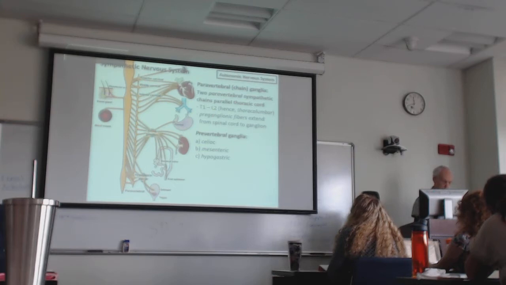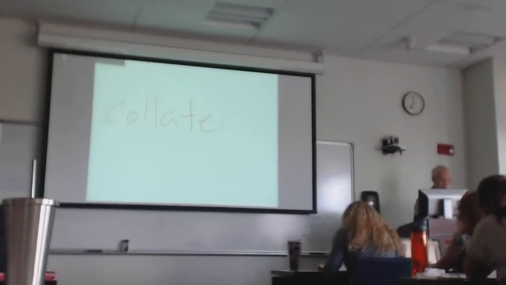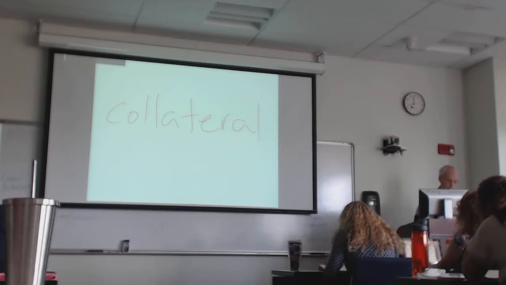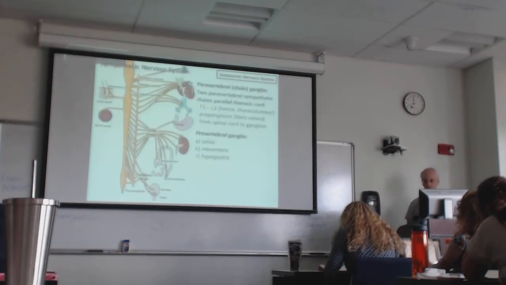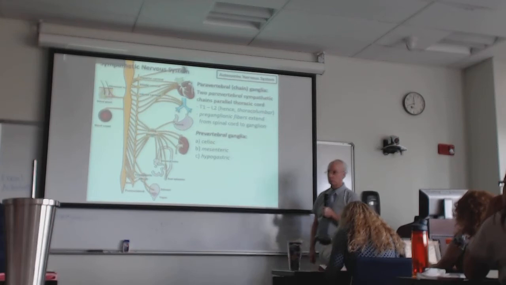The prevertebral ganglia are also called collateral ganglia. Prevertebral is the same as collateral in the same way that paravertebral is the same as chain or trunk.